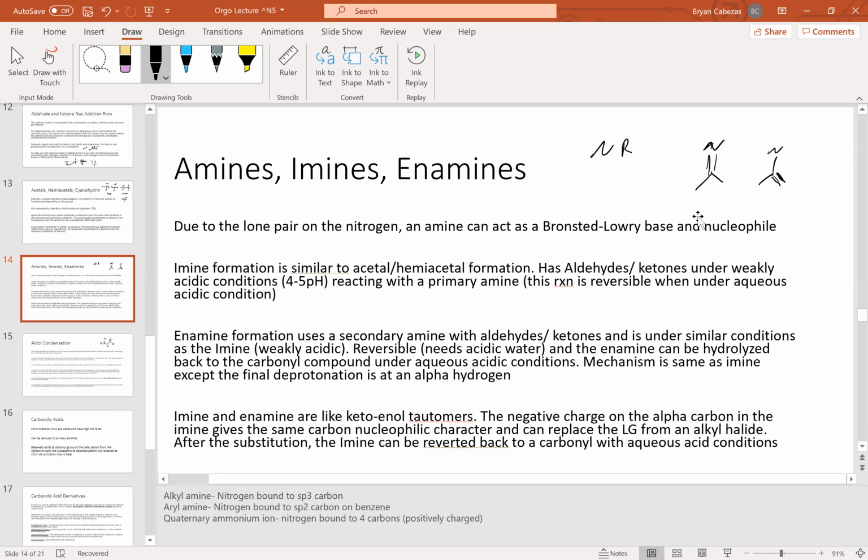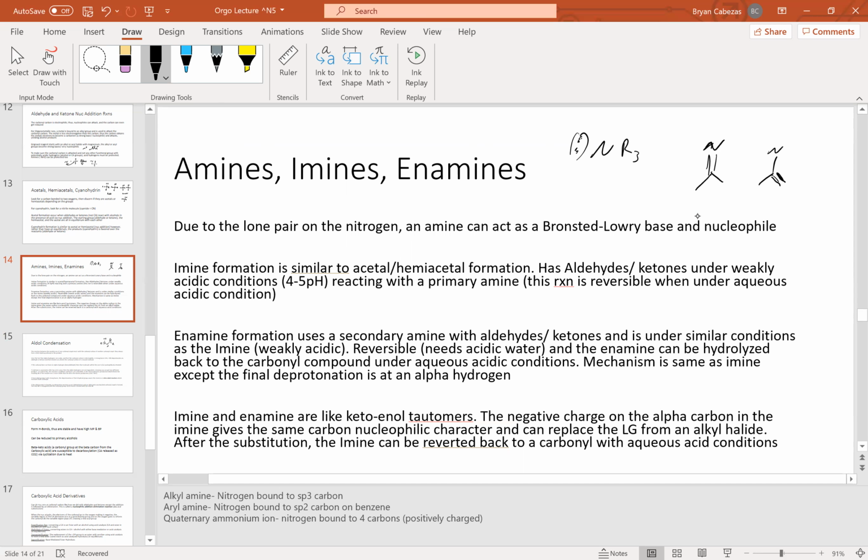As we know, the nitrogen group prefers to have 3 bonds, and it has a lone pair on itself. Let's say it's an R3 nitrogen, which has a lone pair. That lone pair can bind a hydrogen, so the nitrogen can act as a Bronsted-Lowry base.